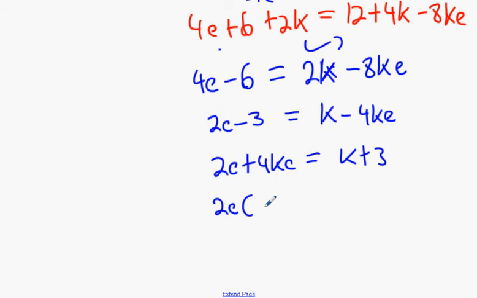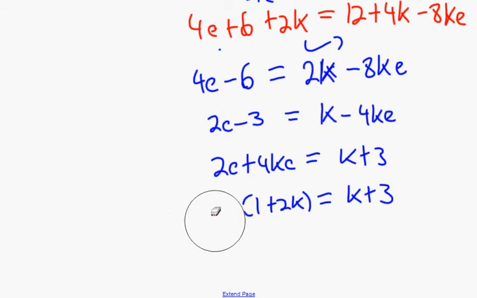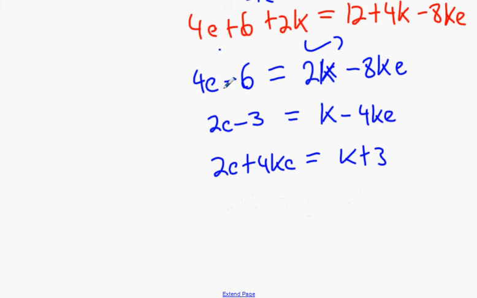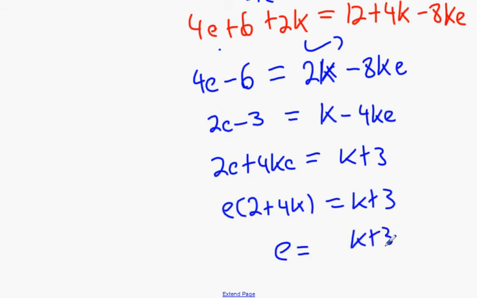Actually, I shouldn't have factorized out the 2 at all. Go again. e into 2 plus 4k equals k plus 3. So e equals k plus 3 over 2 plus 4k.